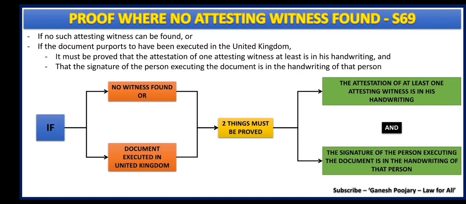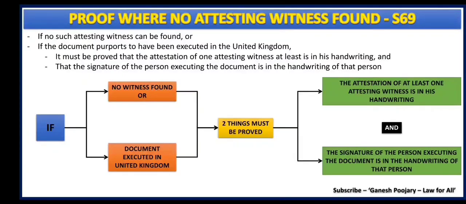The signature of the person executing the document is in the handwriting of that person. Now whoever has executed the document, such signature should be in his handwriting. Only when these 2 conditions are satisfied, then this document is okay to prove. That is what is discussed under section 69.